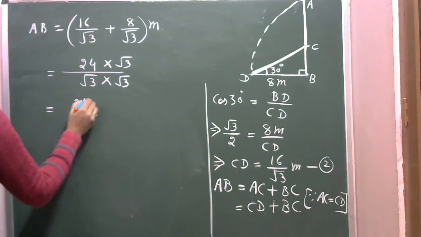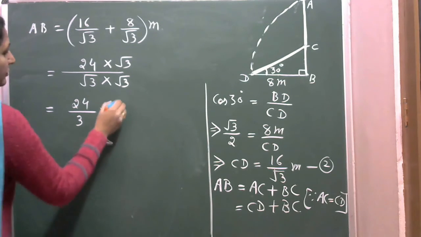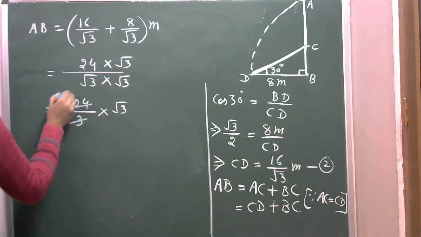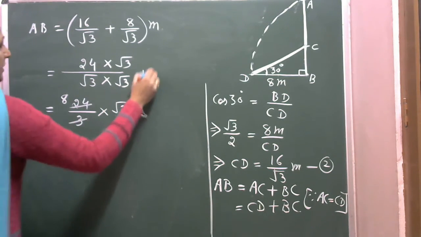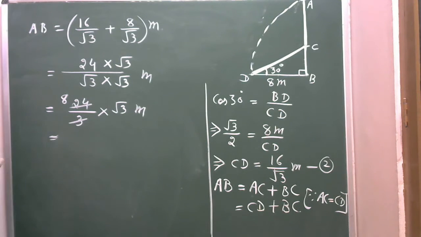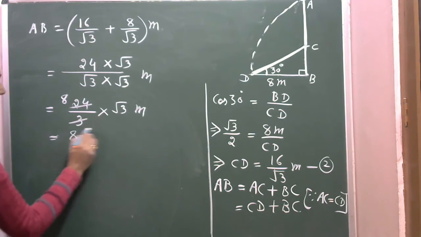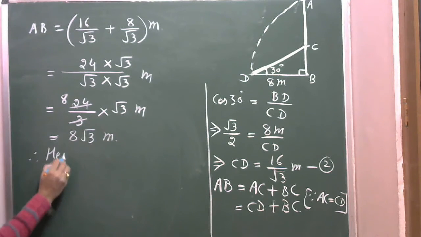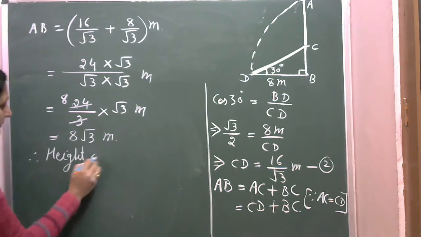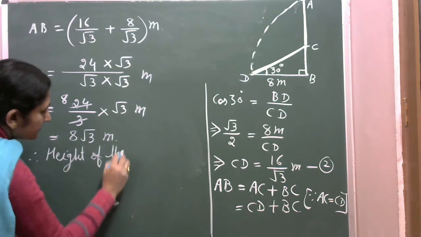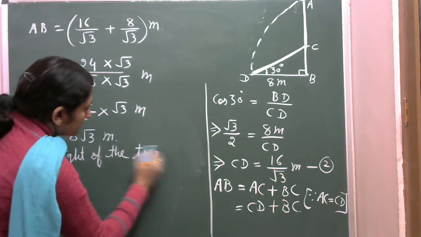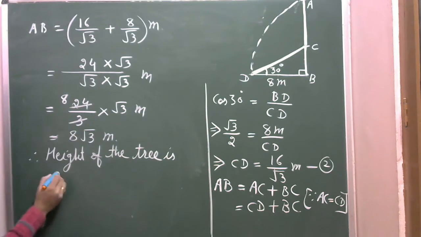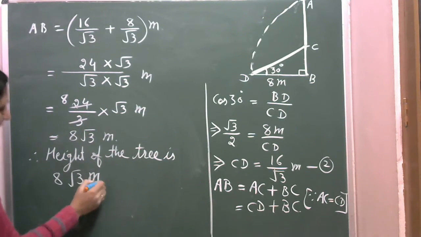So it will be 24 over 3 into under root 3. All these will be in meter. So it will be 8 under root 3 meter. So therefore, height of the tree is 8 under root 3 meter.